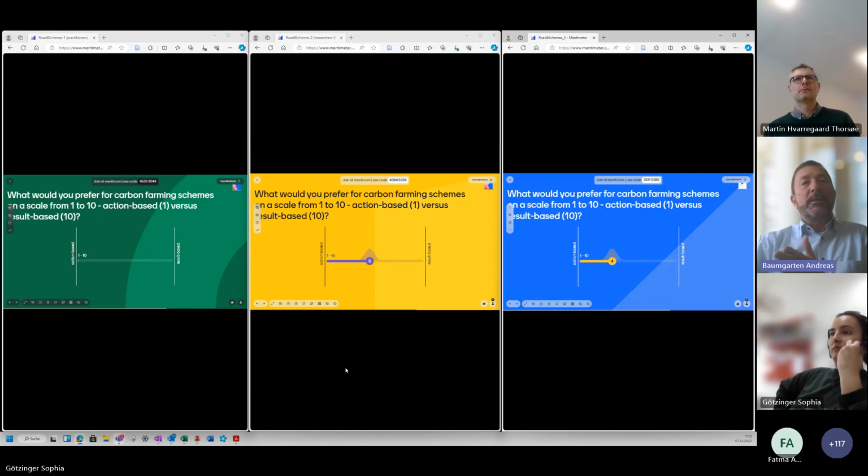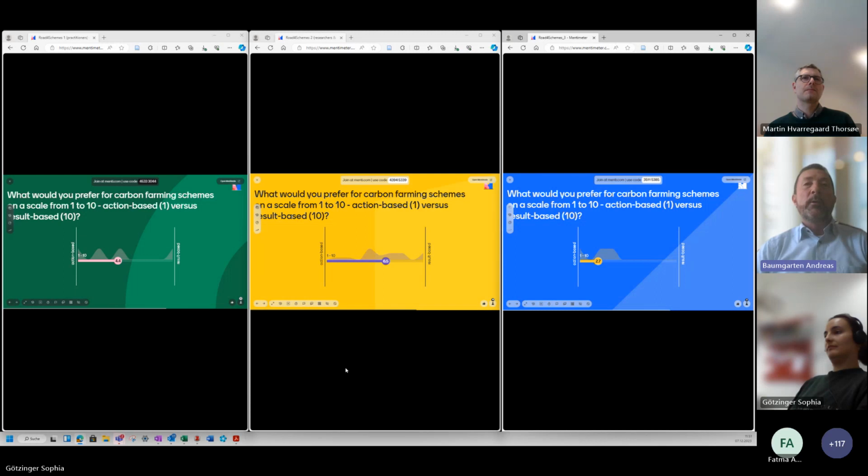And if you strictly stick to a result-based system, use 10. And if you are somewhere in between, then you can be on this scale between 1 and 10, so that we can see what is the most preferred option between these two different approaches.